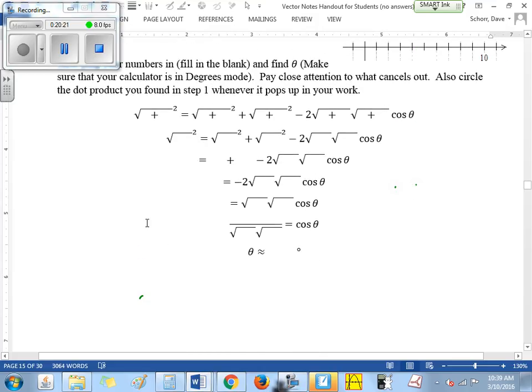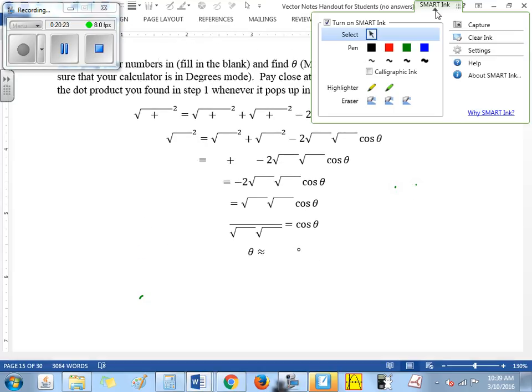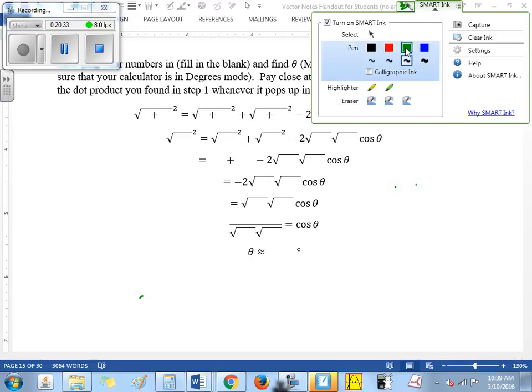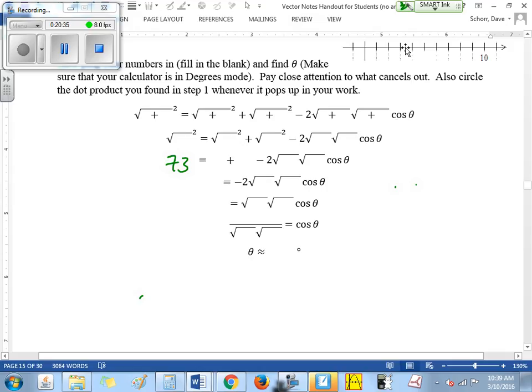Let's see, where did I get to? Oh, yes. I was right here. I had 73, and this was a 10, and this was a 41, except that was red, so Mr. Short messed that up. This is 73, 10, 41, right? Okay.